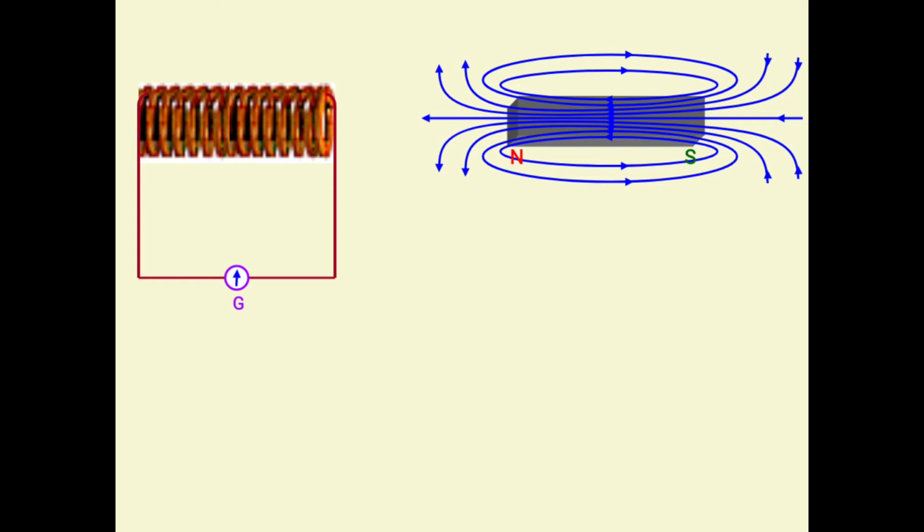That means when this magnet is moved towards the coil, there is an increase in magnetic flux, and due to this increase in magnetic flux, the current is induced in the coil.